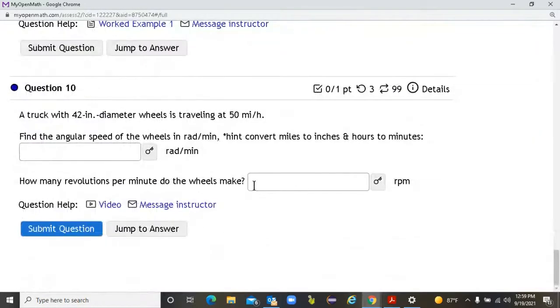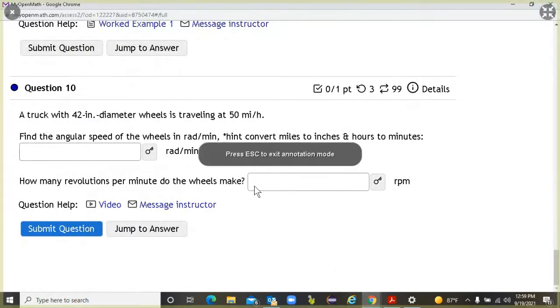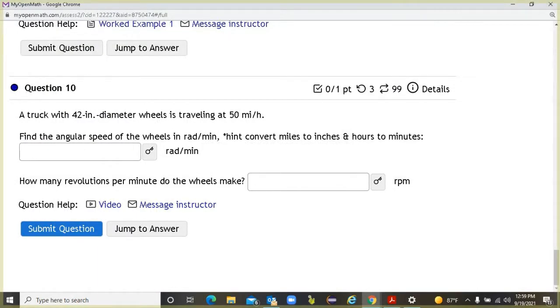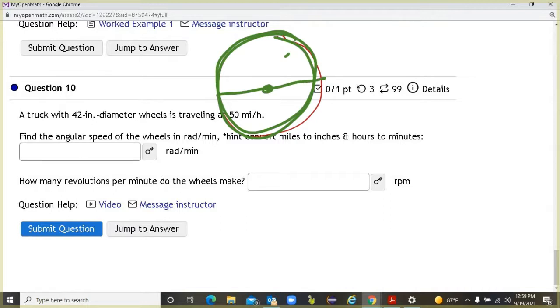All right, and then the last question here is asking about our speed. It says a truck with a 42 diameter wheel. So the whole thing is 42, which makes the radius 21.